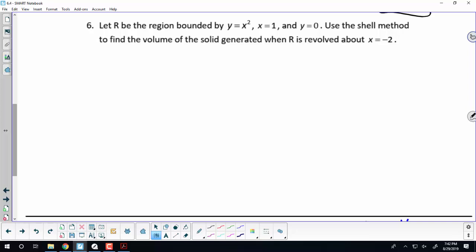So when we take these regions, I don't believe we saw this in 6.3. We were always rotating those around the x or the y axis. When we take these regions and revolve them around different lines, like x equals -2, let's see what changes.